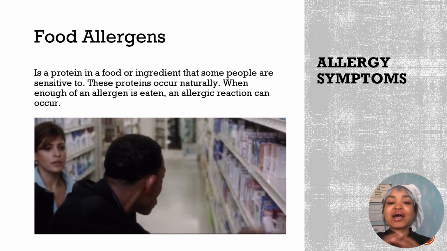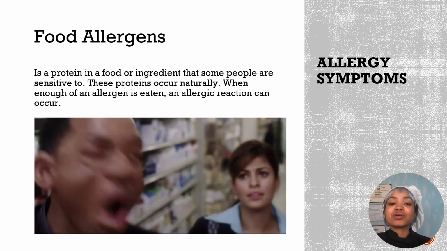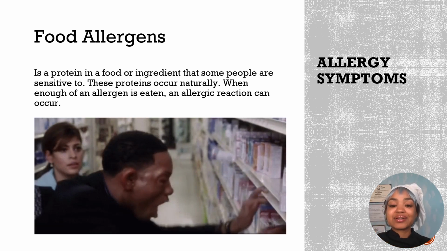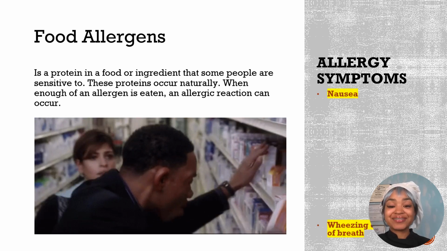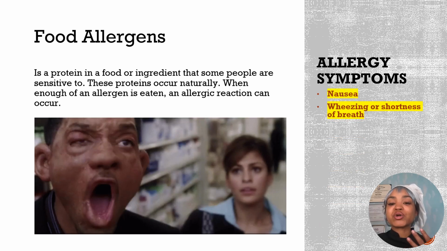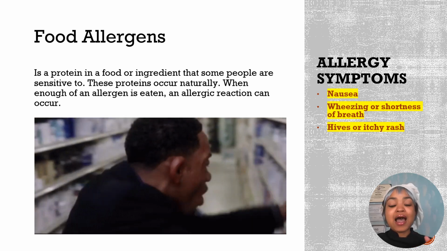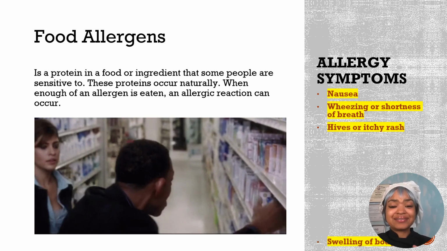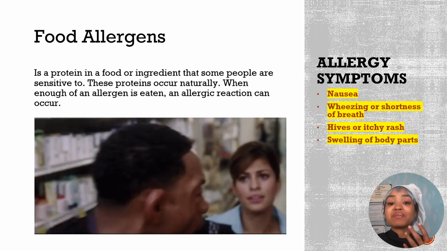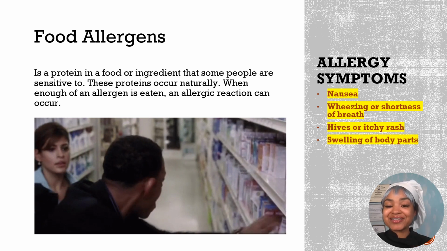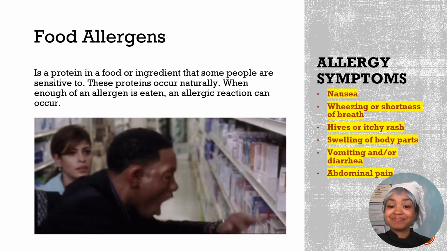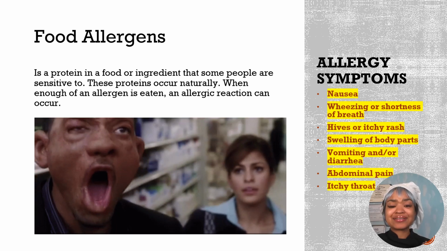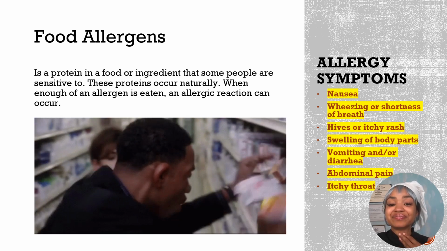When enough of an allergen is eaten, an allergic reaction can occur. Some allergy symptoms look like nausea, wheezing or shortness of breath, hives or itchy skin, swelling of body parts, including your face, vomiting and or diarrhea, abdominal pains, an itchy throat.